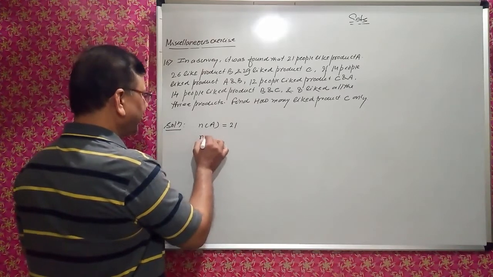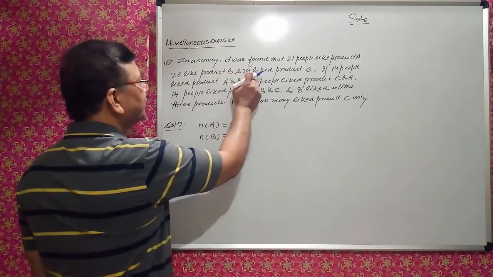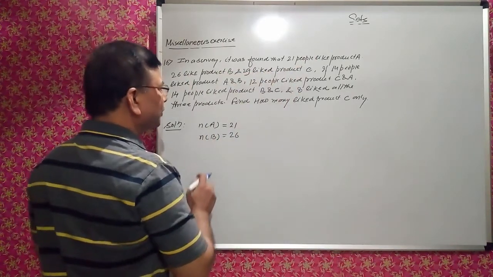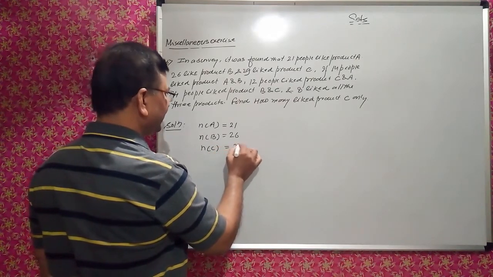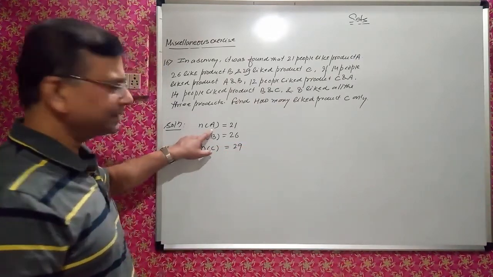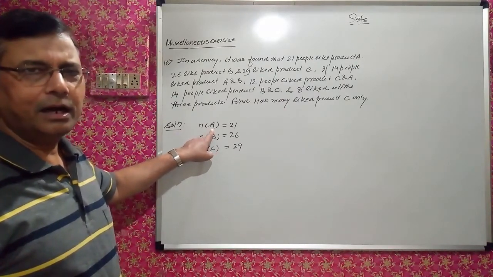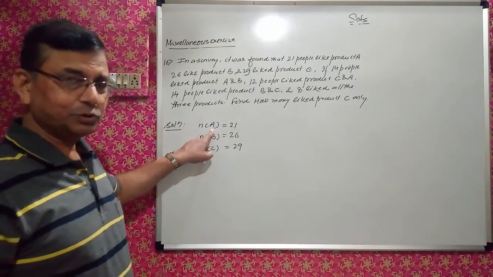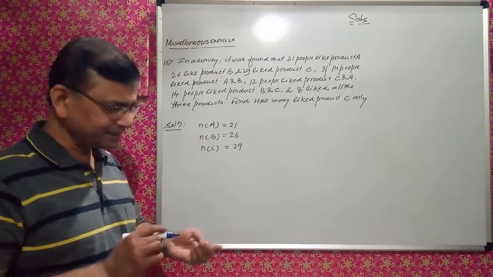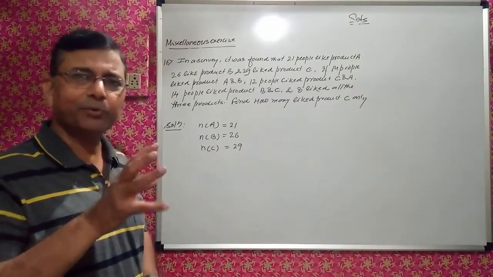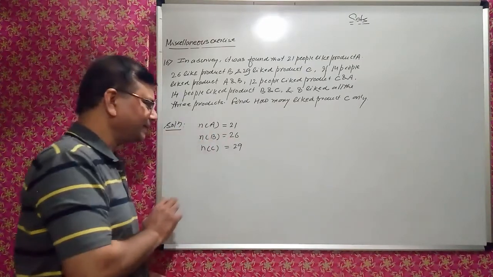Likewise, NB is 26, and 29 like product C, so NC is equal to 29. A means it is a set of people who like product A, so NA means number of people. Likewise, B represents the set of people who like product B, so NB means number of people, that is 26.